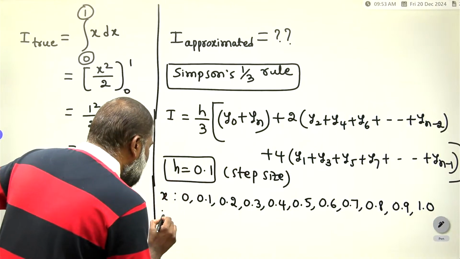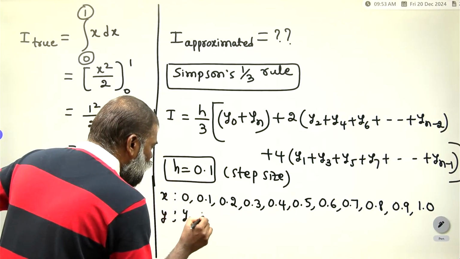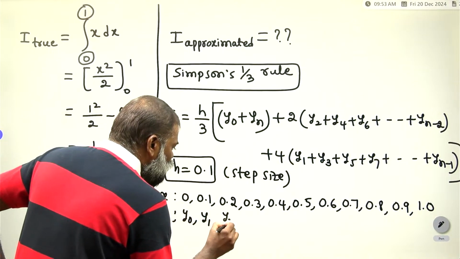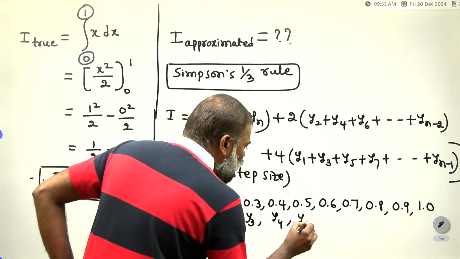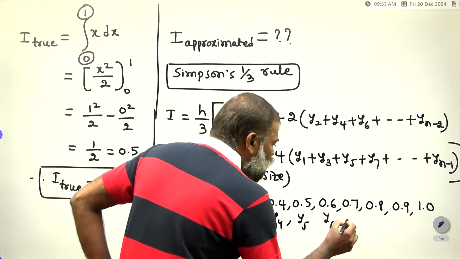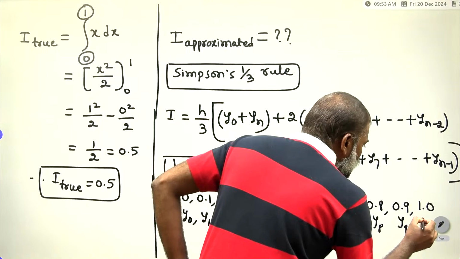The corresponding y values are y0, y1, y2, y3, y4, y5, y6, y7, y8, y9, y10.